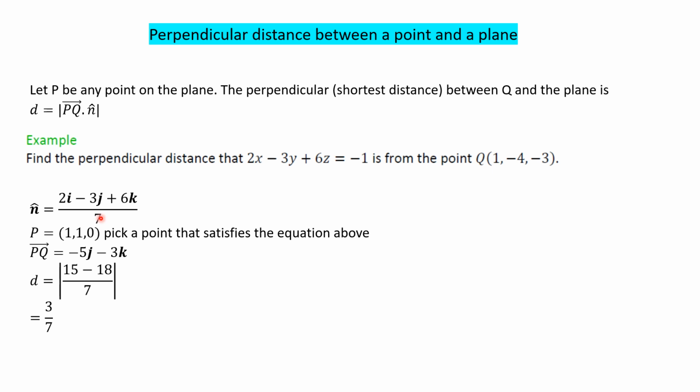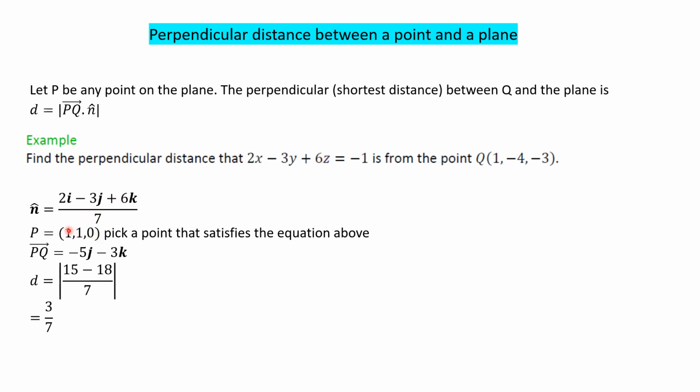Now point P, you pick basically a point that satisfies the equation above, and this point is not unique. So let's check. In this case, to make things easier, if you let x be 1 and y be 1 as well, then z will turn out to be 0.